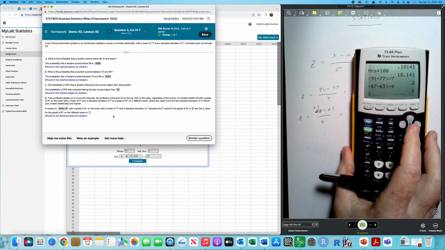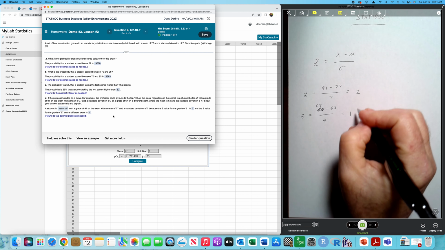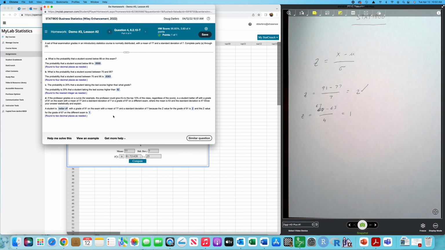So you see a z-score of 1. Since the first z-score is higher, a student is better off with the grade of 91, because the z-value is 2 and the z-value for the other score is 1.